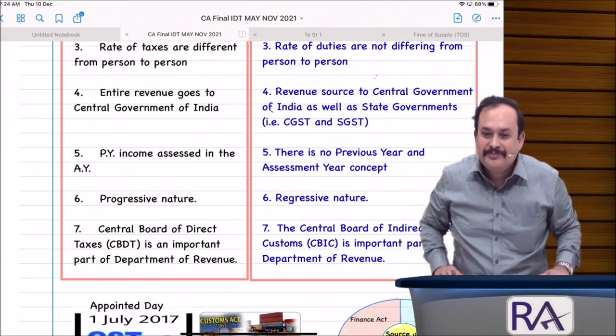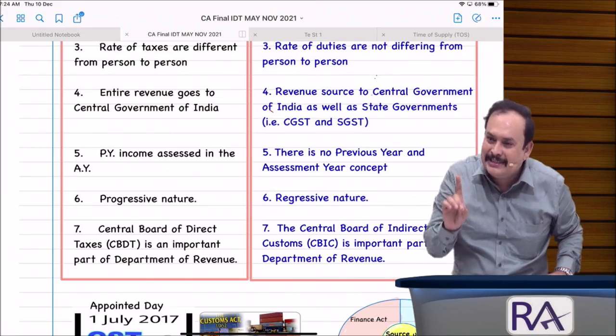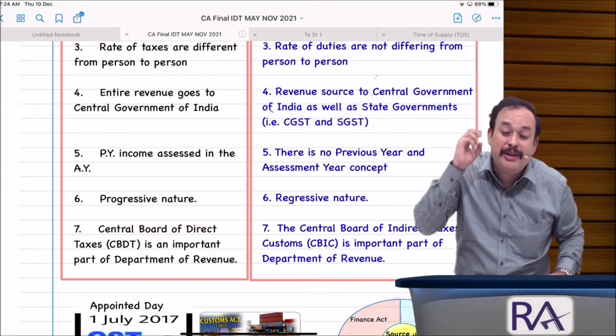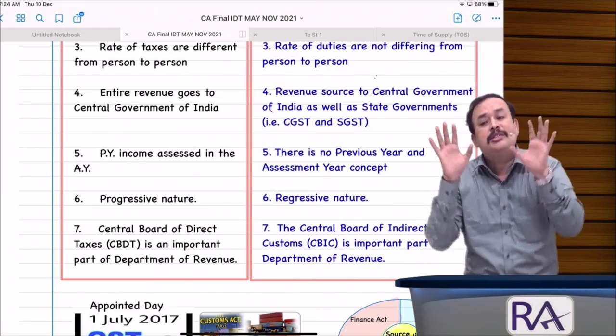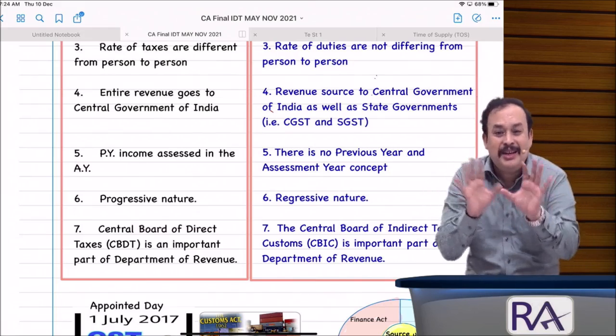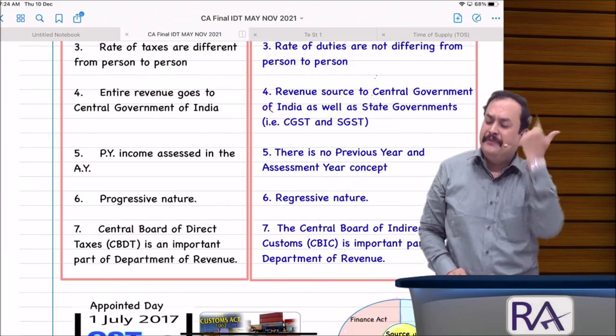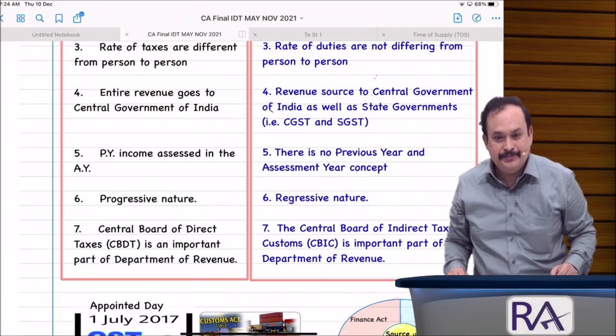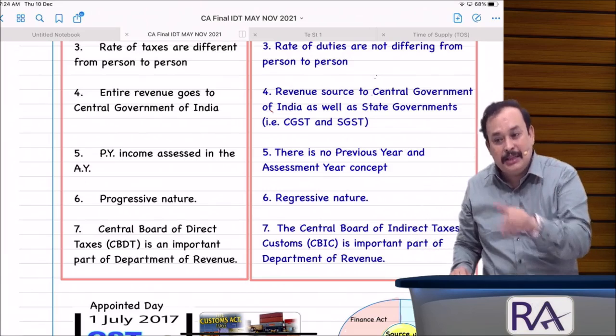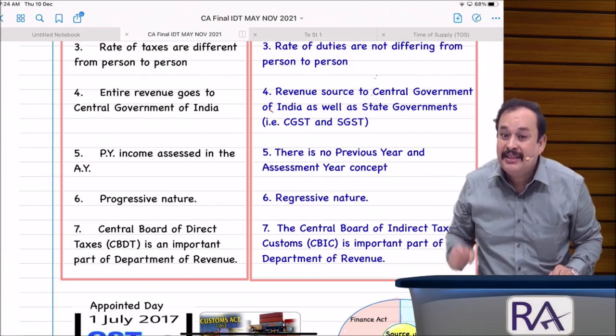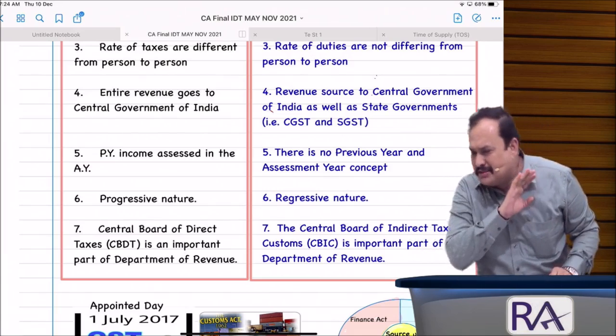In indirect taxes, there is no assessment year. There is assessment, but assessment does not mean assessment year. Assessment is different from assessment year.